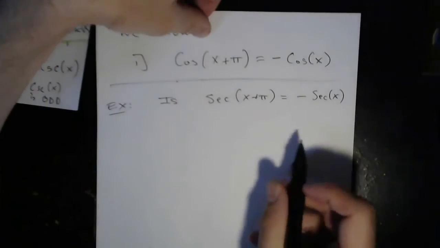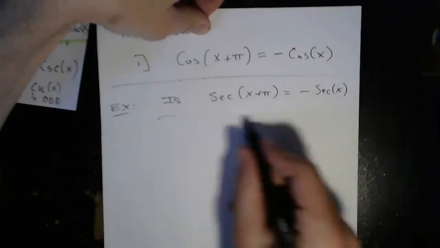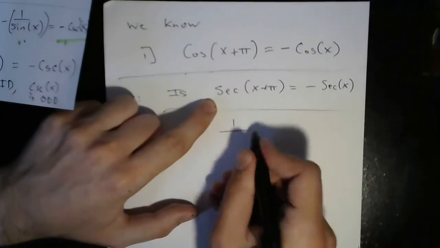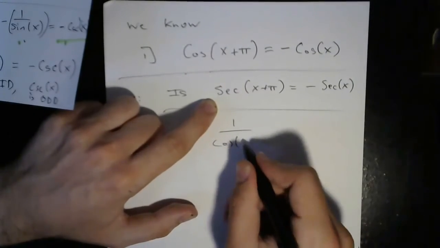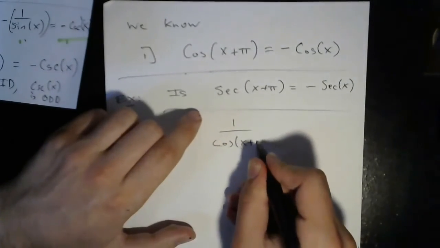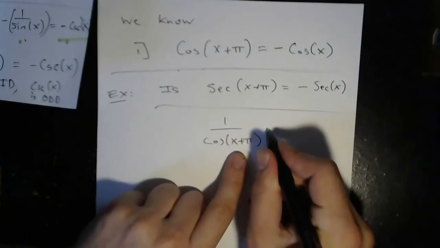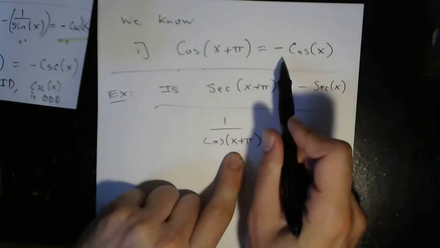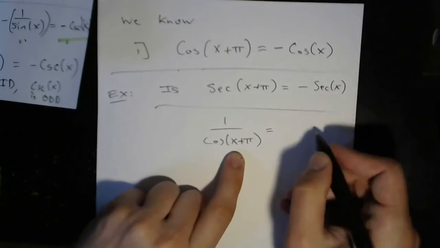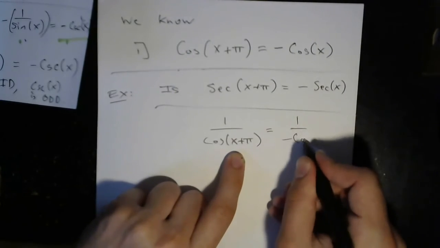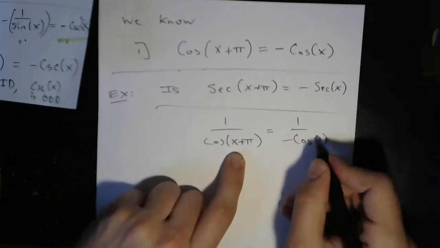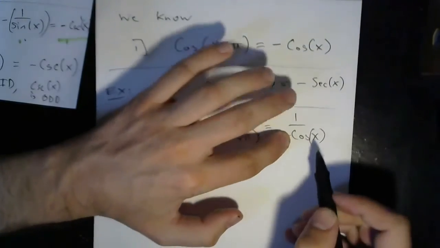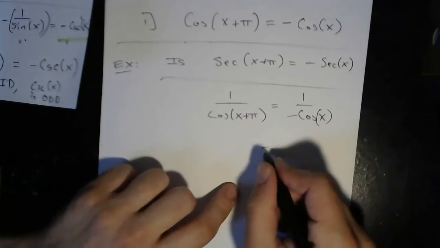Well, if we look at the definition, secant is 1 over cosine, right? So this is 1 over cosine. Inside stays the same, x plus pi. And then we know cosine of x plus pi is equivalent to negative cosine x. So this is 1 over negative cosine x. Then 1 over cosine x, that is secant, and the negative's out front.